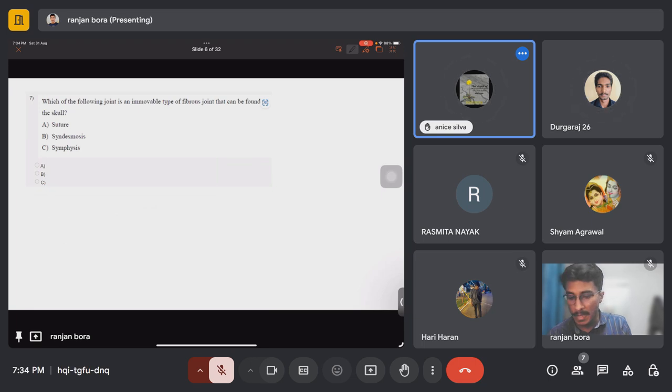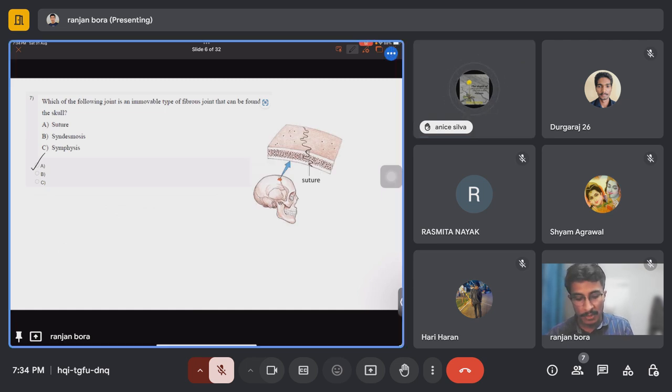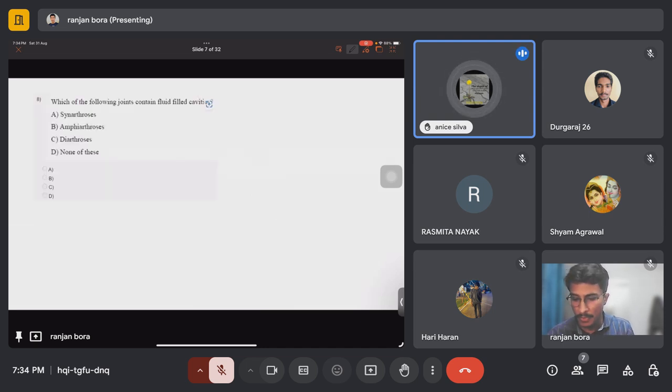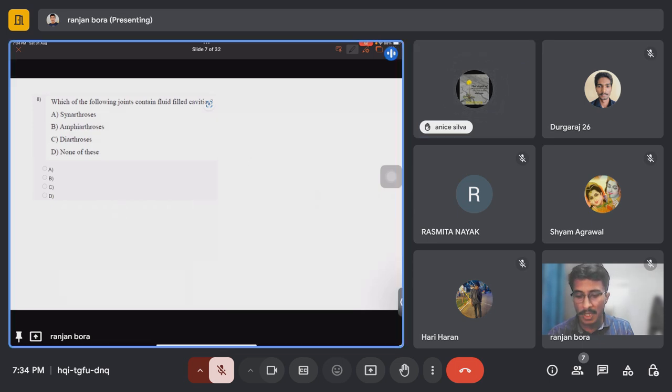Suture. Yes. So this is the figure. You can see here we find this joint, suture. Which of the following joints contain fluid-filled cavities?